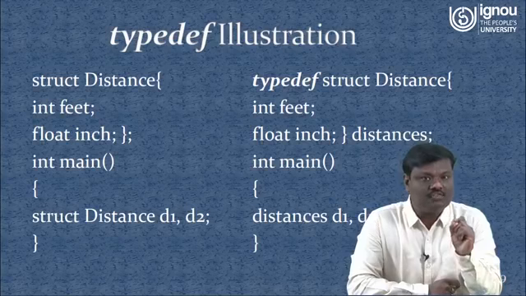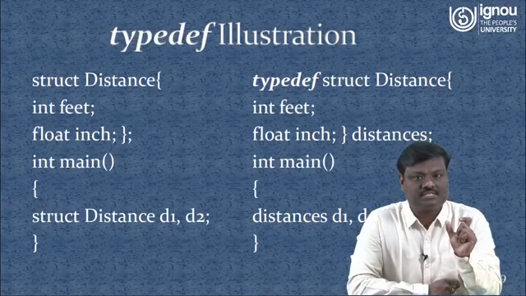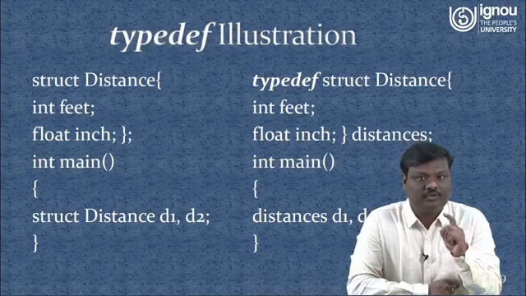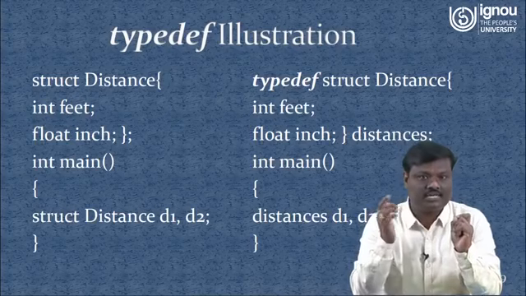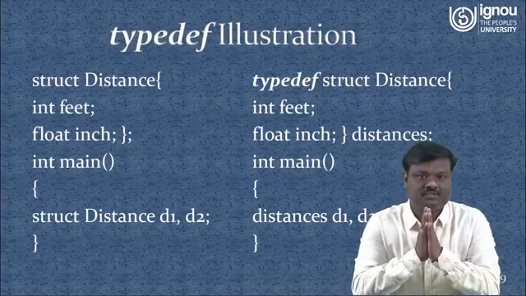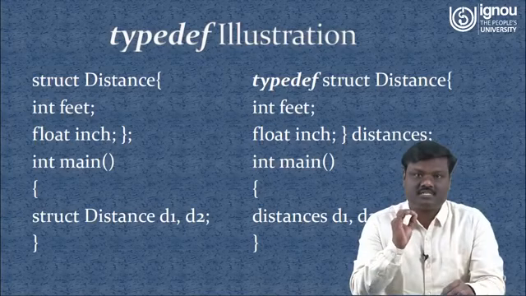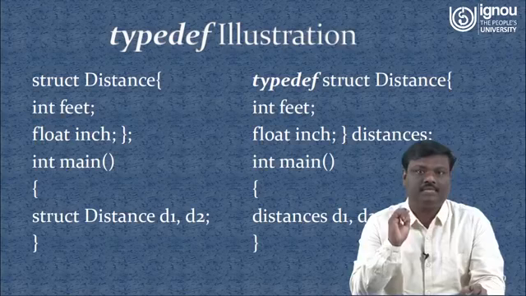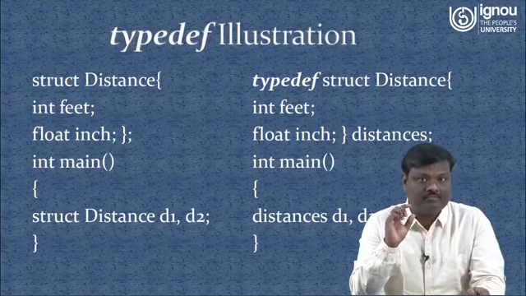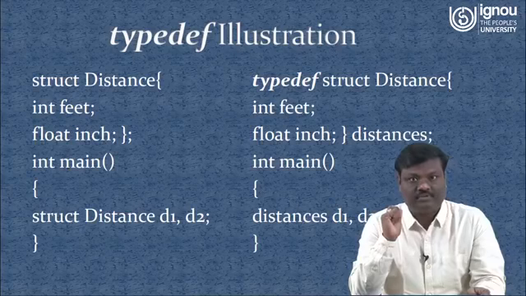So instead of these two, struct and distance, write a keyword typedef before the struct keyword. You can see it on the right side, just to see the difference. On the first line, in order to get an alias name, we are using typedef, then struct distance.